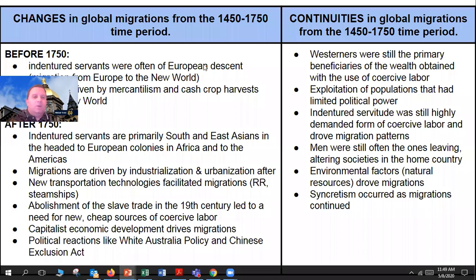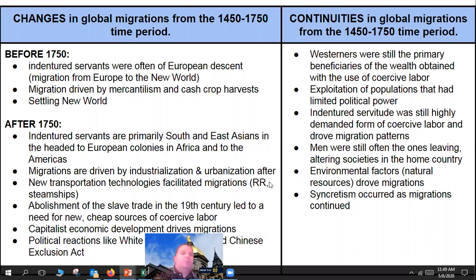Okay, and so as we wind this down, we're going to kind of finish up with this chart today. Okay, looking at some of the continuities and some of the changes in the global migration that happens. Okay, and so you can see there's a separate set of changes that happened before 1750, and then another set of changes happening afterwards.